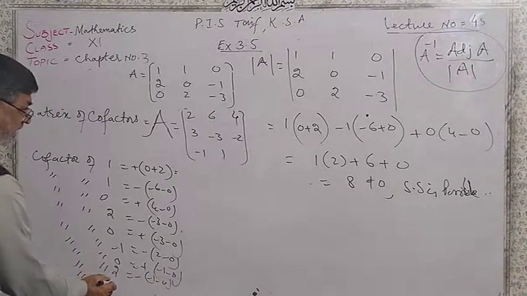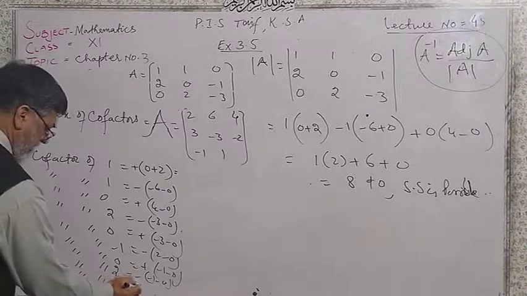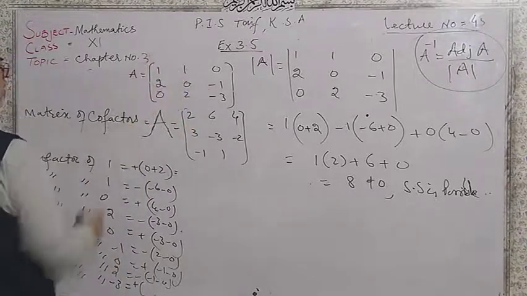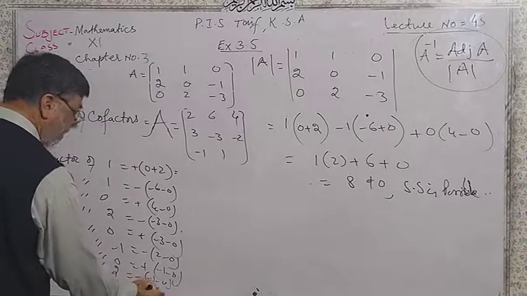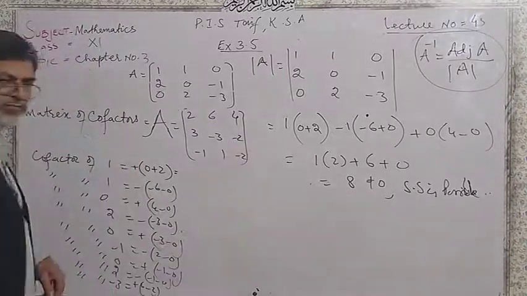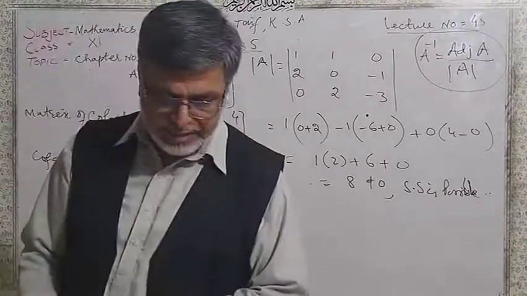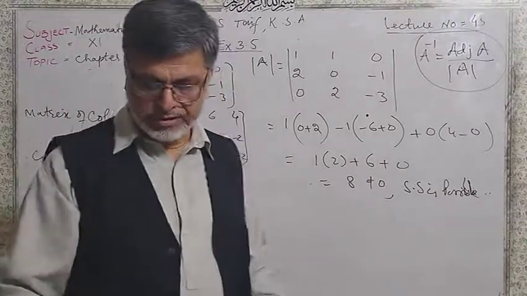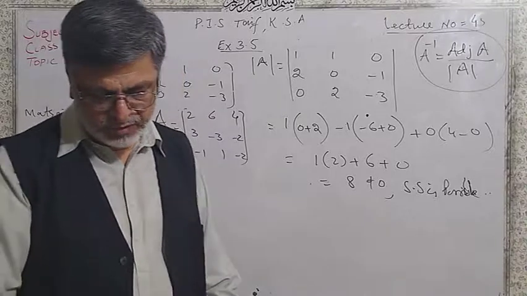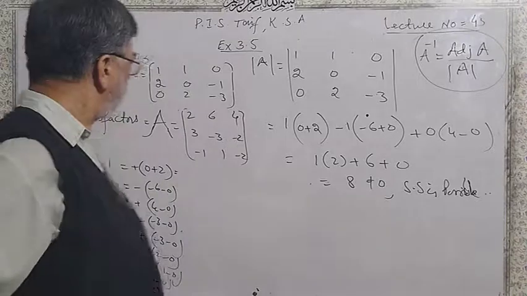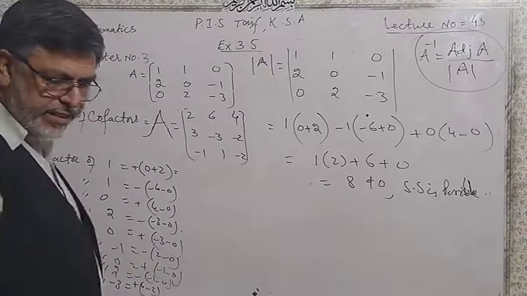Then cofactor of minus 3, that is plus, remove this column and row, AD minus BC. 0 minus 2, here it is minus 2. Dear students, we have the matrix of cofactors. The matrix of cofactors is 2, 6 and 4.